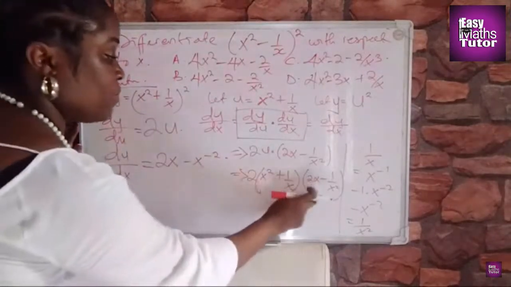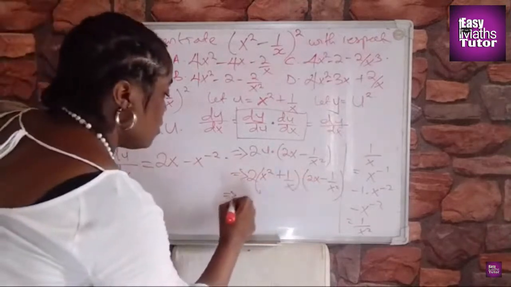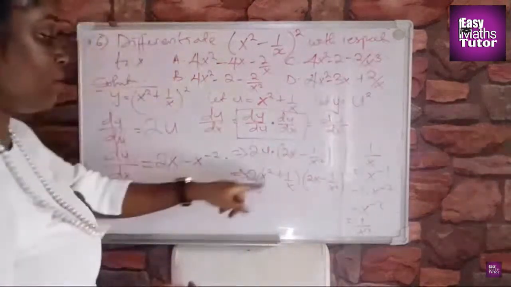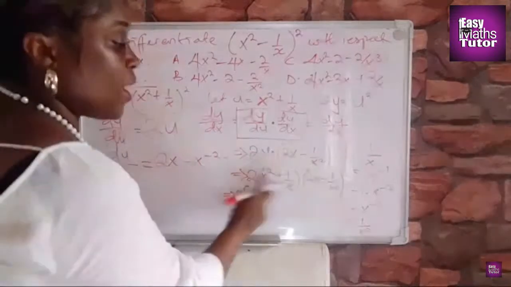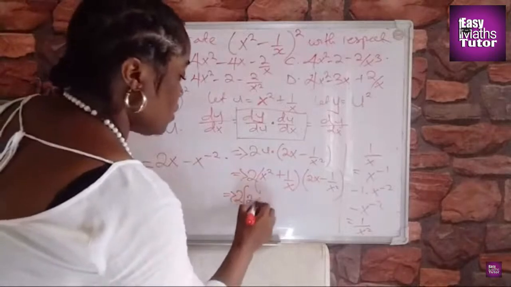So multiply this by this. We'll extract this 2. x squared times 2x gives you 2x cubed.